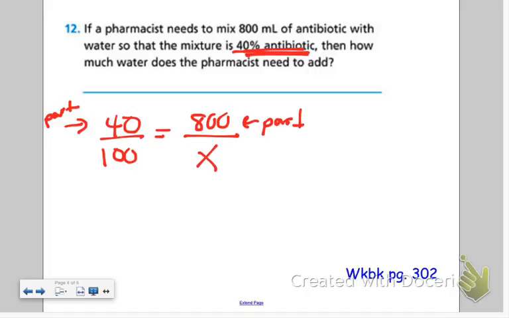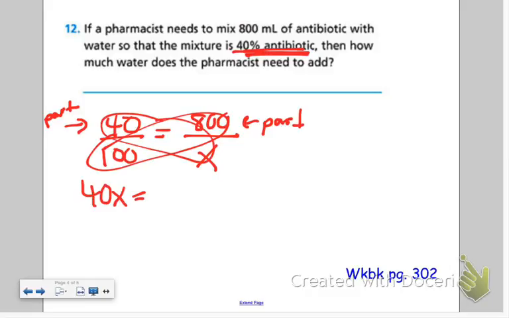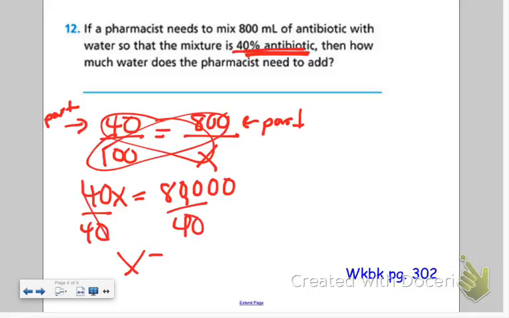So now I can go ahead and start cross multiplying and solve it. I have 40 times x, and I have 80,000 when I do 100 times 800. And then, of course, solve for x. 80,000 divided by 40 is going to be 2,000.